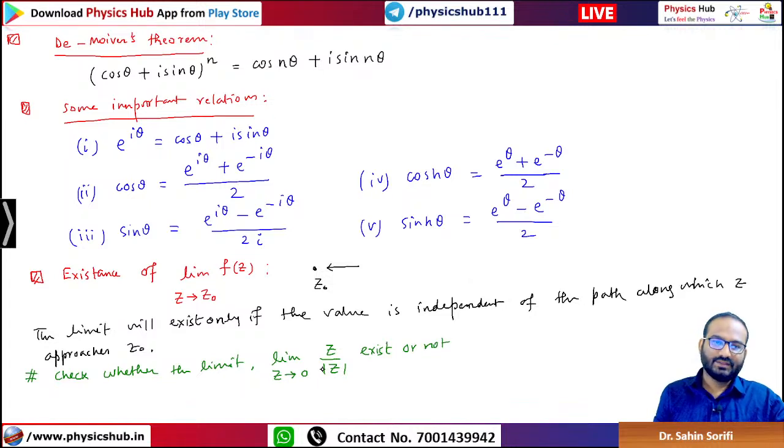Can you check it? Limit z tends to 0, so it's approaching towards z equals 0, z by mod z, does it exist or not?